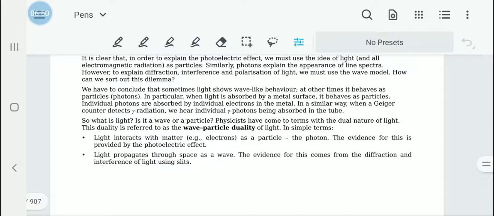Put a dash and write, the photon interacting with electrons, within brackets, the photoelectric effect. Then number 2, light propagates through space as a wave. Evidence is diffraction and interference of light.